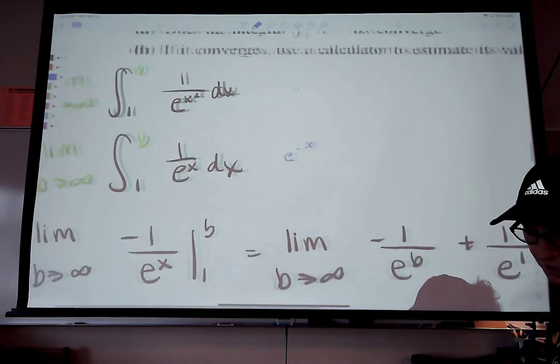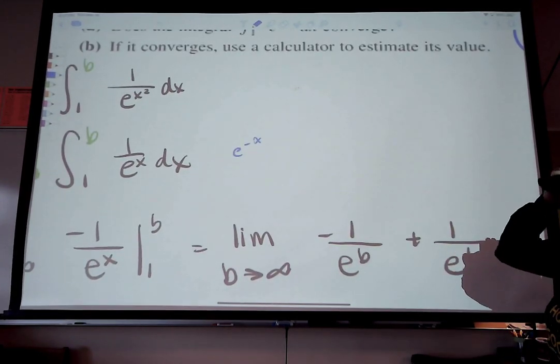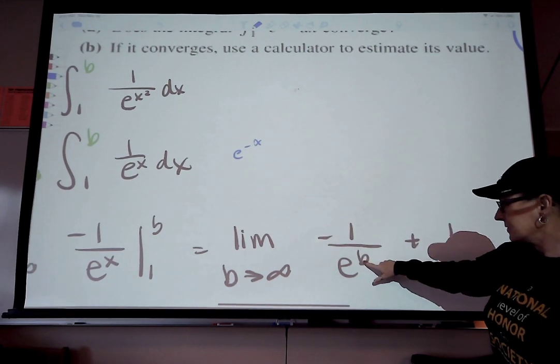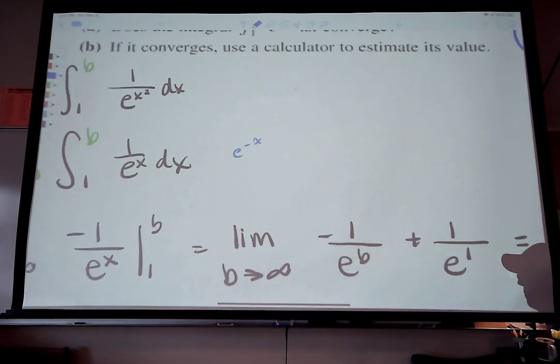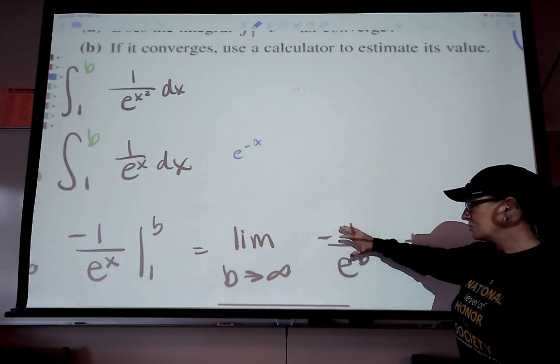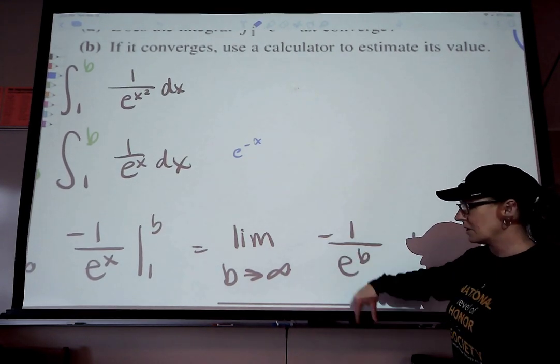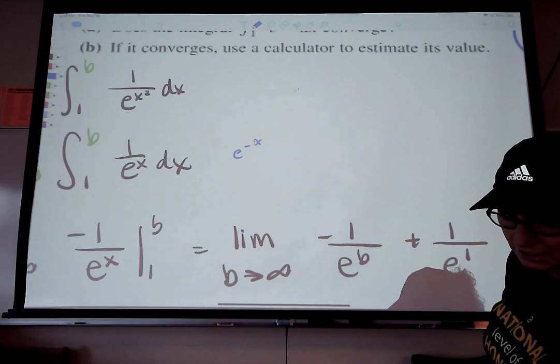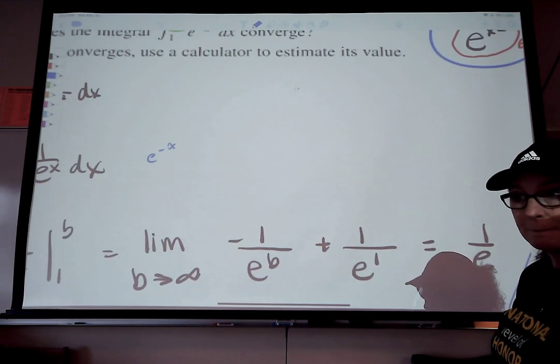Sub in my numbers, sub in a b, sub in a 1. As b heads to infinity, this becomes huge. Negative 1 over huge heads to 0. My answer is 1 over e.